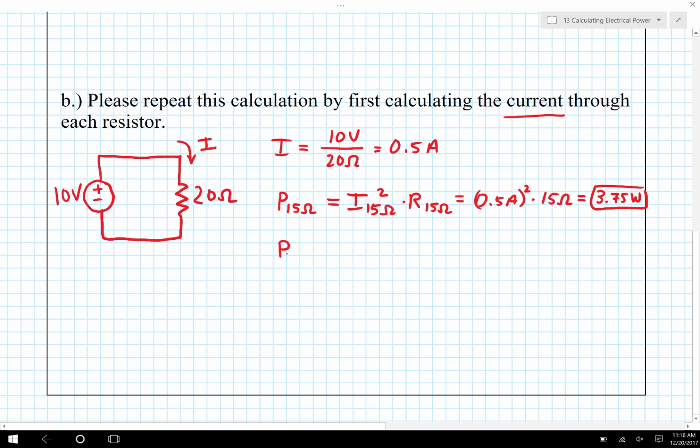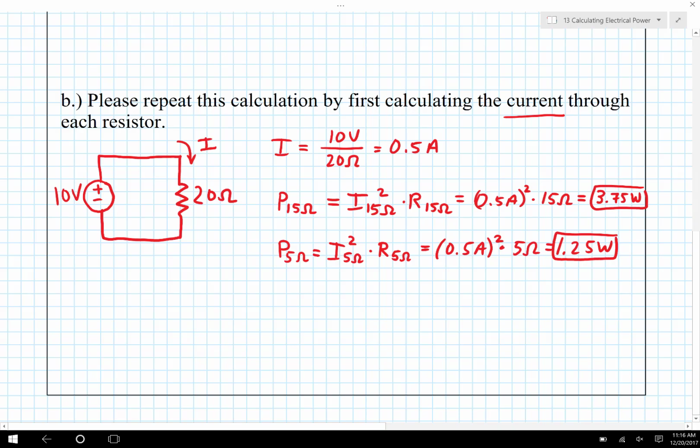And the power that is consumed by the 5 ohm resistor is going to be the current through the 5 ohm resistor squared times the resistance of the 5 ohm resistor, which is 0.5 amps squared times 5 ohms, which it turns out is 1.25 watts.